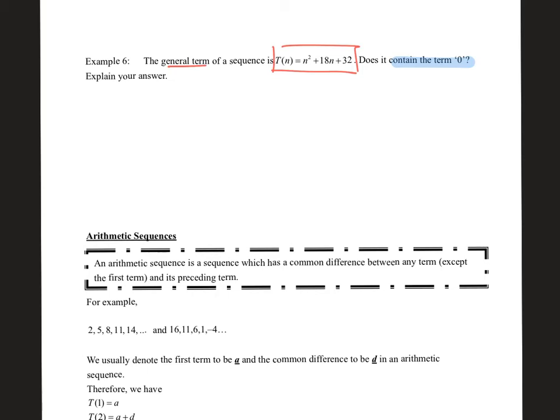If you really want to check it one by one, you can do it this way. T1, the first term, is 1 squared plus 18 plus 32, which is 19, 32, 51. T2 is 2 squared plus 18 times 2 plus 32, which is 36 plus 4, 40, 72.